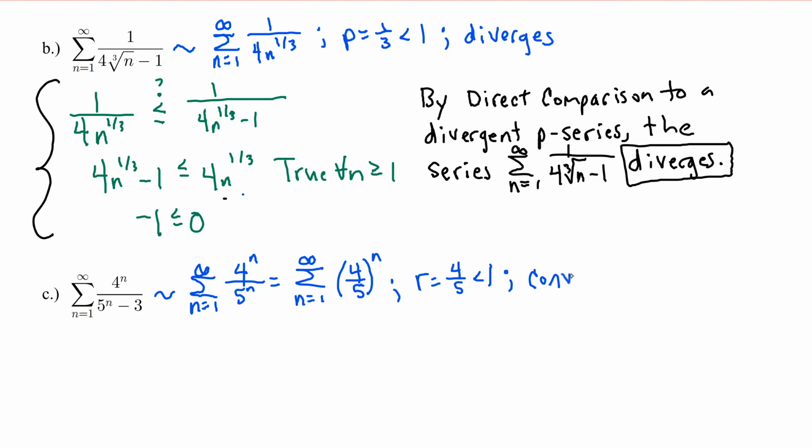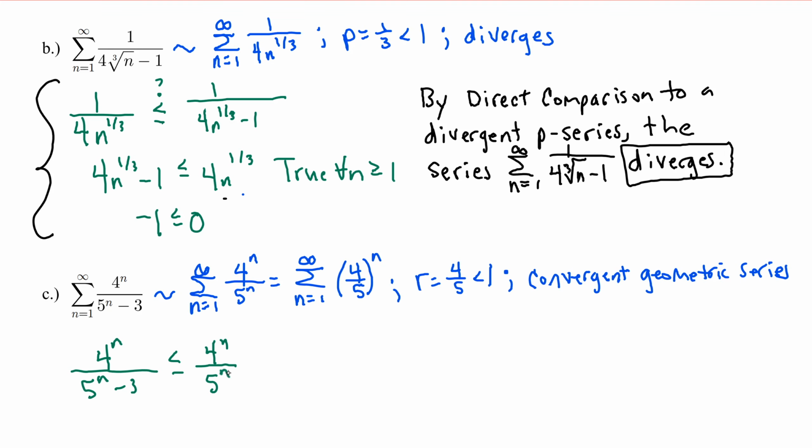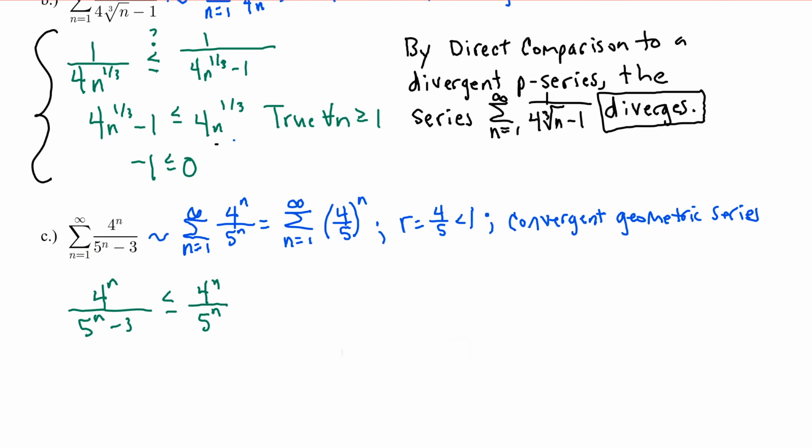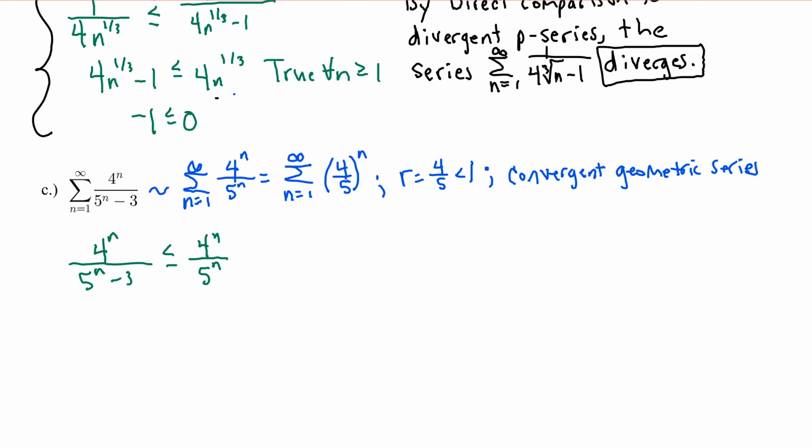This is a convergent geometric series. Because we're recognizing a similarity with a convergent geometric series, we would need to show that the series in question is term by term less than or equal to this geometric series. If we can get our series in question smaller than a convergent series, then our conclusion would also be convergence.